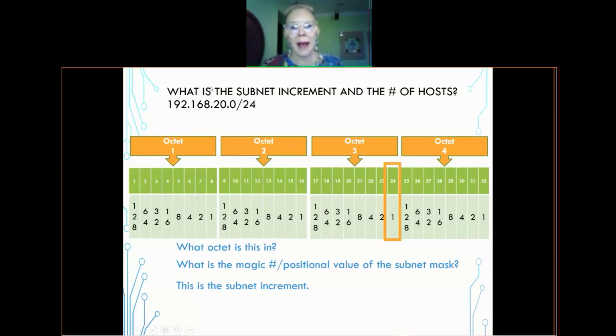So if my address is 192.168.20.0/24 and I wanted to know what the next network would be, what do I need to do? How do I figure that out?